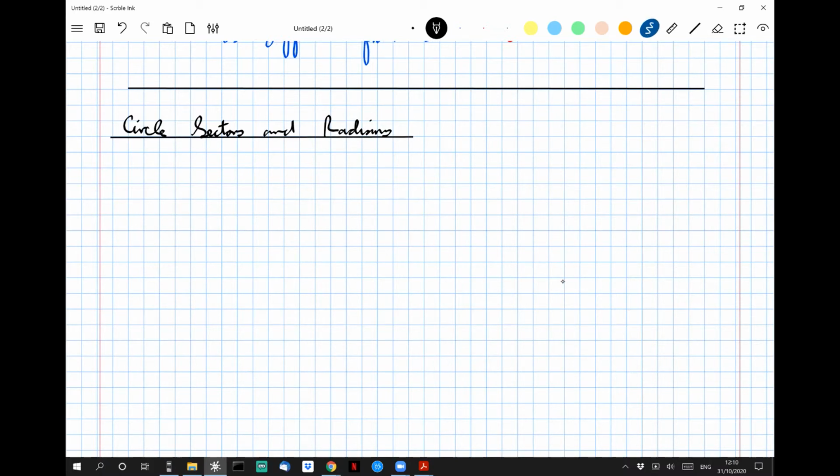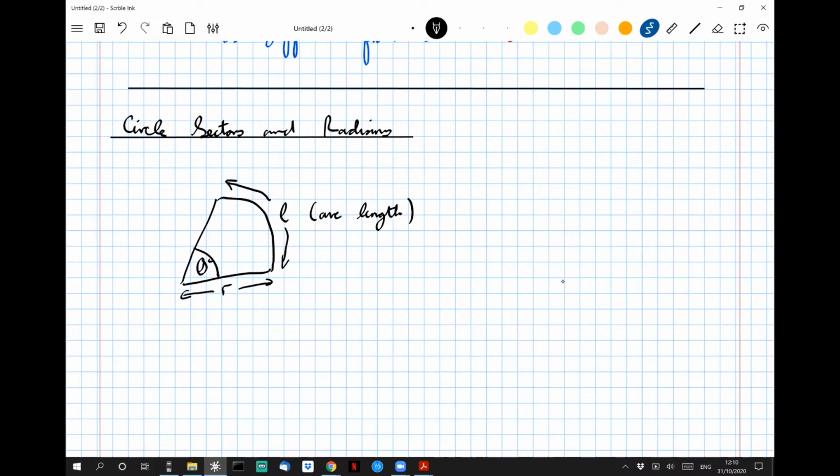Right, so just a rough circle sector there with radius r. And I'm going to call this L, and L is what's called the arc length. And there's the angle theta, which I'm going to measure in radians.